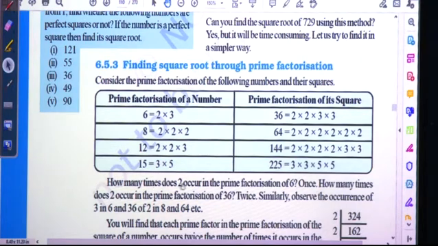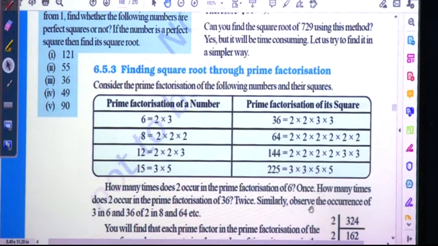How many times does 2 occur in the prime factorization of 6? In the prime factorization of 6, 2 occurs once. How many times does 2 occur in the prime factorization of 36? Here you can see twice, it is 2 times.